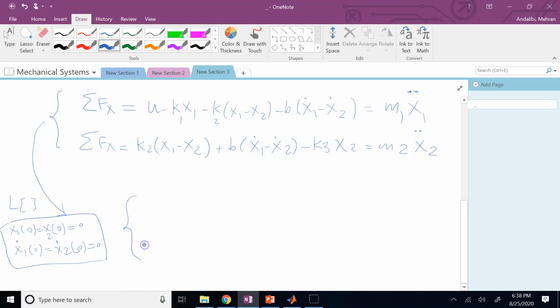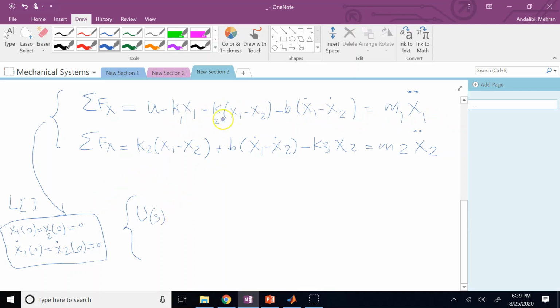If you do so, here you will get U of s. We know when I write it in capital letters, it is a Laplace transform. Minus, now I will basically take any x1 term to the right hand side, any x2 term I will keep on the left hand side.